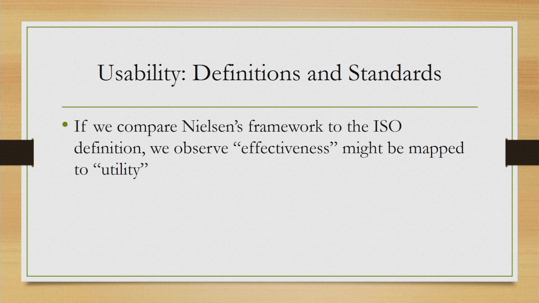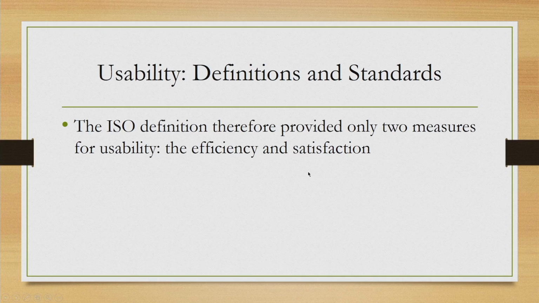Now, if we compare Nielsen's framework to the ISO definition, then we can observe that effectiveness, the notion in the ISO definition, can be roughly mapped to the utility proposed by Nielsen, and the other two entities in the definition, namely efficiency and satisfaction, can be mapped to usability.